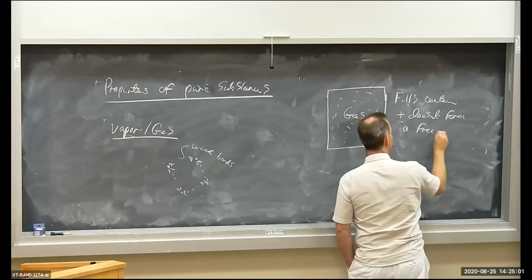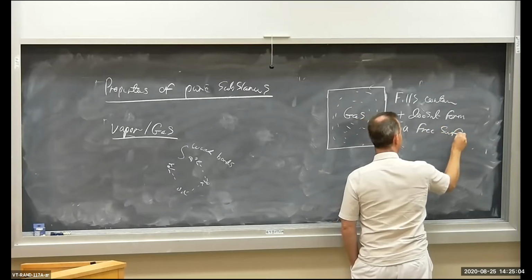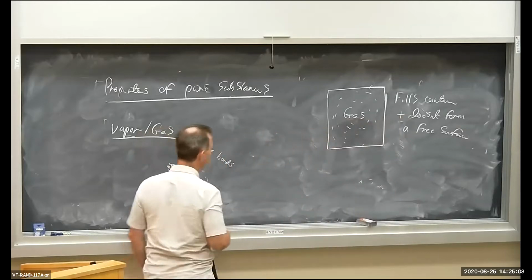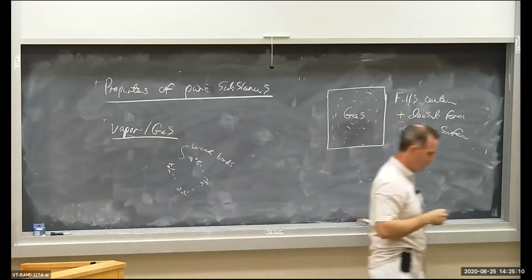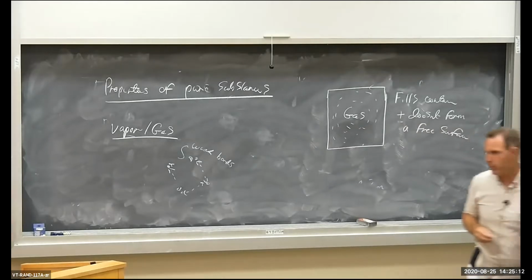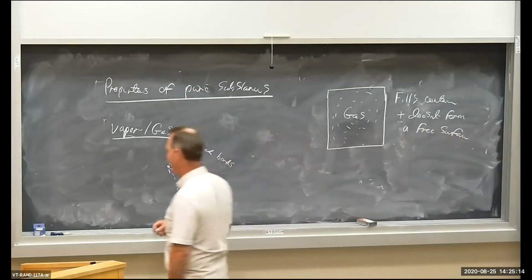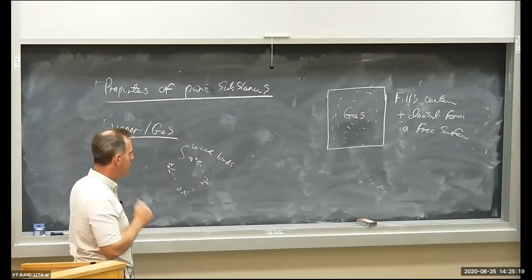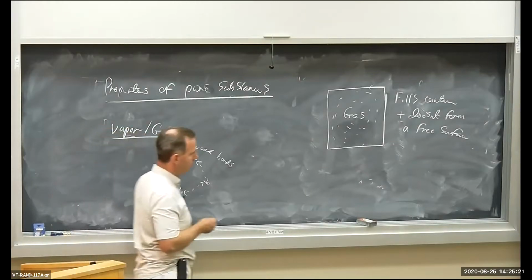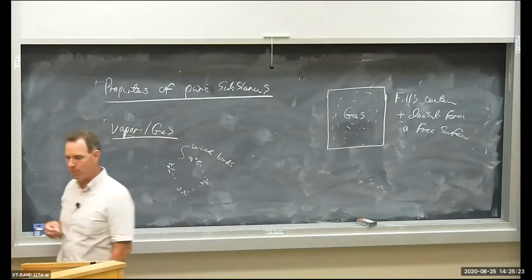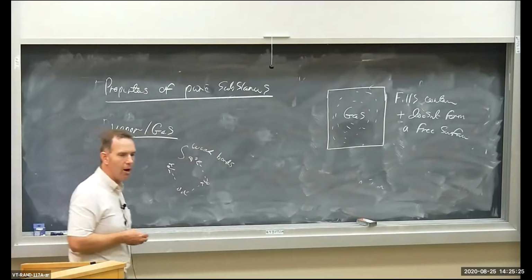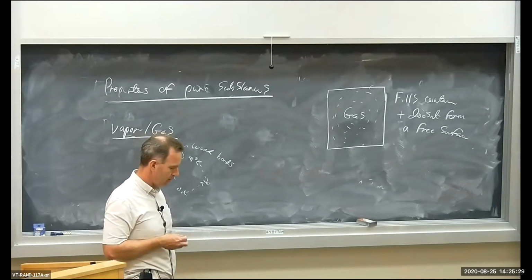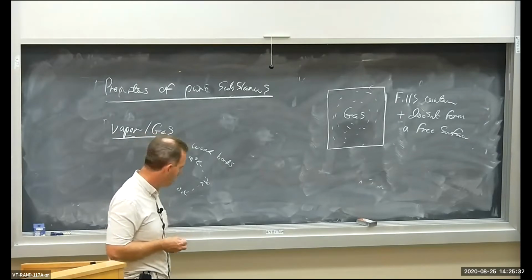It simply fills the container, okay? Conforms to the container. No free surface like we had for a liquid. A liquid forms a free surface as a barrier between itself and everything else, okay? So, vapor, liquid, solid. Three different phases, and all materials exhibit these particular phases depending on their temperature and pressure, okay? Depending on temperature and pressure.